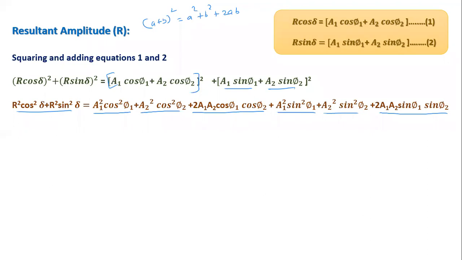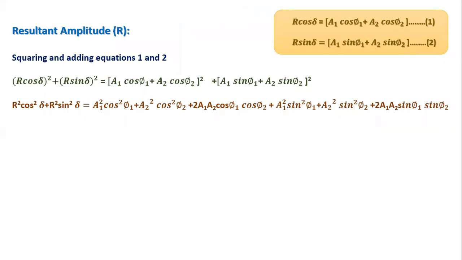Now here we can take some common terms to reduce the equation. From these two we can take r square common. As we take r square common, in a bracket we get cos square delta plus sin square delta. Then from this term and this, we can take a1 square common, so in a bracket we get cos square phi 1 plus sin square phi 1.